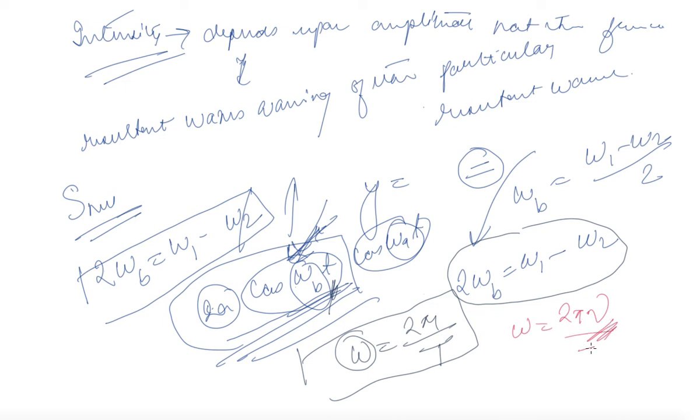Please keep in mind, this is the angular frequency and this is just the frequency. Now if we talk about the beat frequency, at what frequency will the beat come into play? Let this be named the beat frequency. Now let's have a discussion about beat frequency.